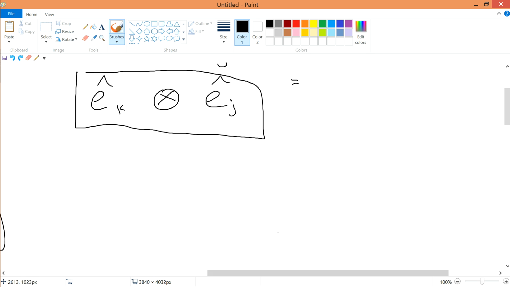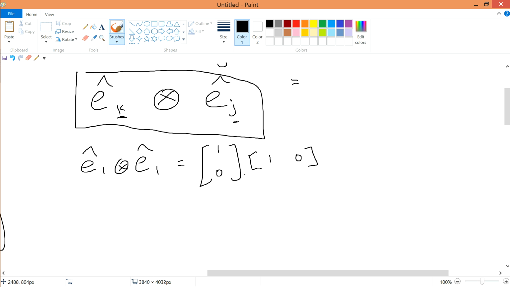So imagine I have E1 dyadic E1. When k is equal to 1 and j is equal to 1, what do we have? In terms of 2D, we have 1 0. In other words, we have E1 hat.